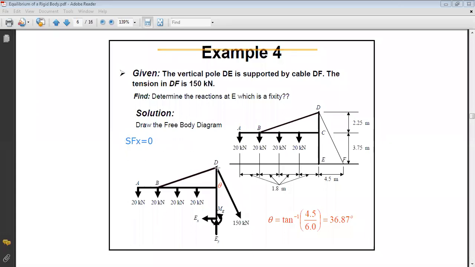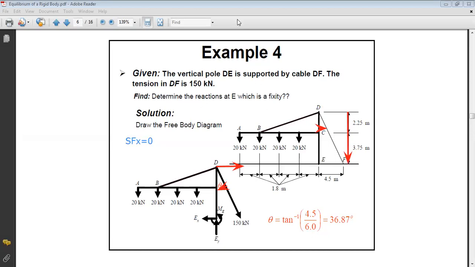So this 150 kilonewton, if we project it on x-axis, to be able to do projection, we should find this angle theta, okay? So to find theta, if we look here at our figure, by geometry we can find theta, because tangent of theta is 4.5 over DE, and DE is 2.25 plus 3.75.